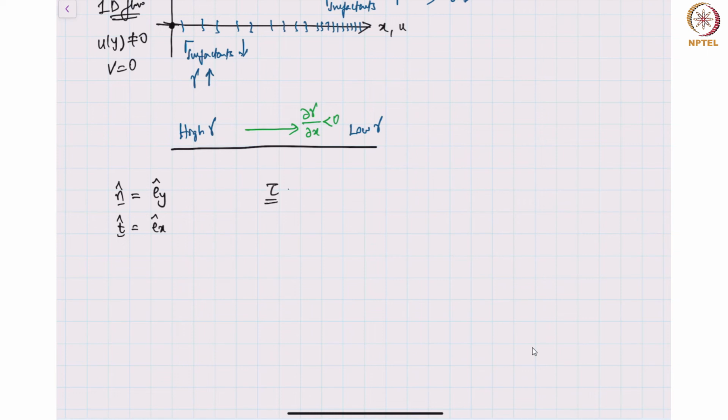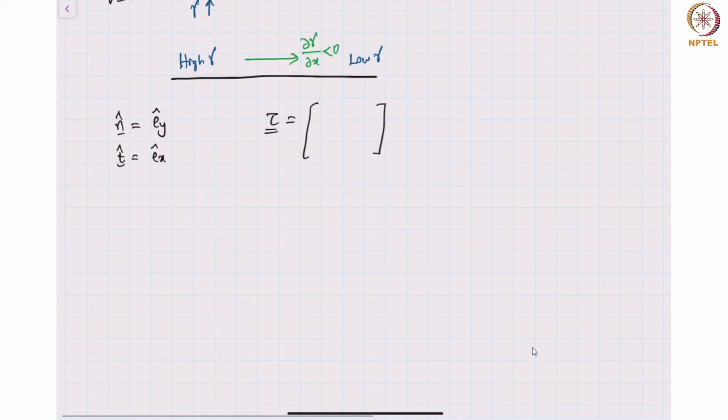The stress tensor now has several components, but if you work out n dot tau dot t carefully, you'll see that this quantity is exactly equal to mu times del U by del Y. Only one term will survive, where mu is the viscosity.